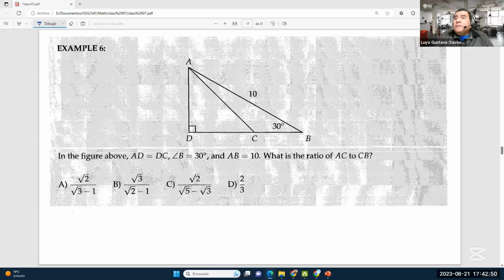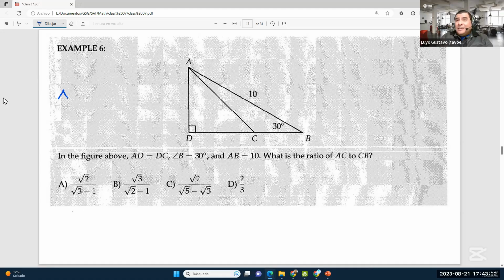In the figure above, this triangle ABD, AD equals DC, angle B equals 30 degrees, and segment AB equals 10. What is the ratio of AC to CB? Okay, here, first of all, notice that in the SAT, the notation they use to refer to line segments is always two capital letters referring to the two endpoints.